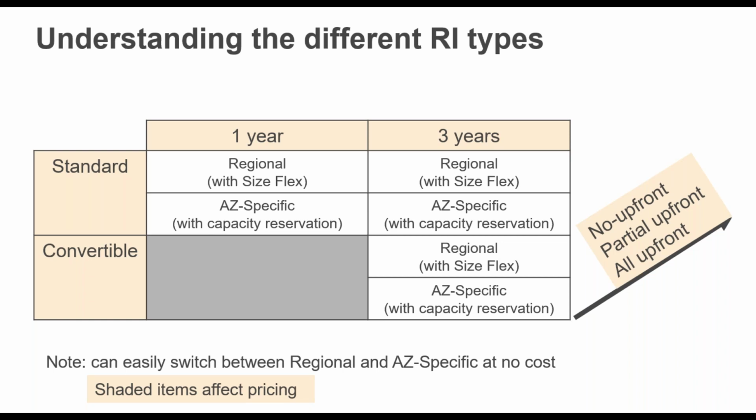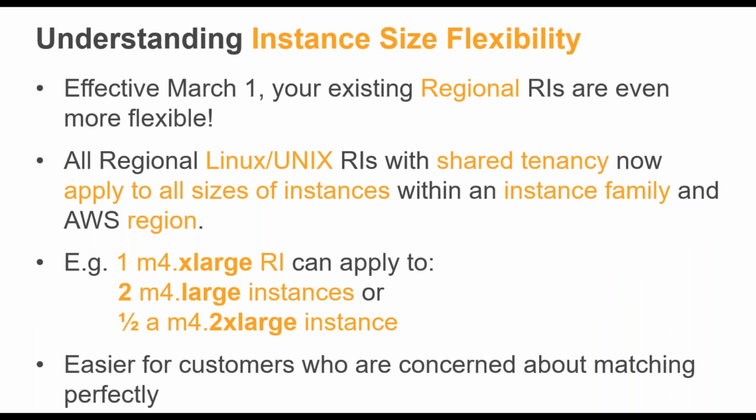On the reserved instance front, one of the things we've introduced over the last year is flexibility in how you manage the commitments you have under reserved instances. With regional RIs, if you're running in a Linux or Unix environment, you have the ability to change instance sizes within a particular family.